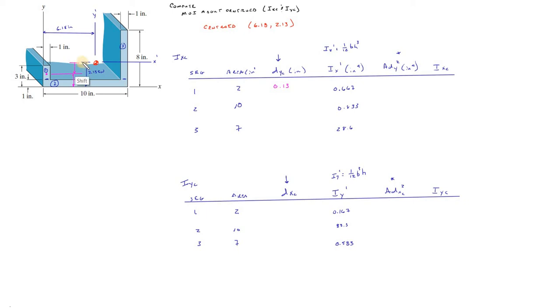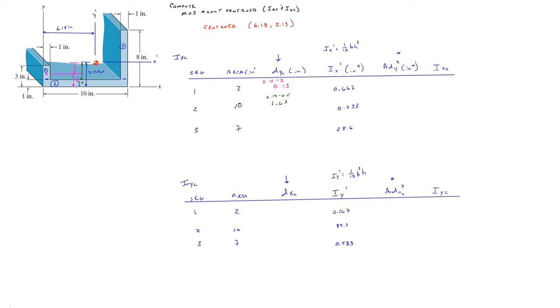Right here, I know that this distance from here to here is 0.5, so the rest of it is going to be 2.13 minus 0.5, which gives me 1.63. And then the one up here was 2.13 minus 2.